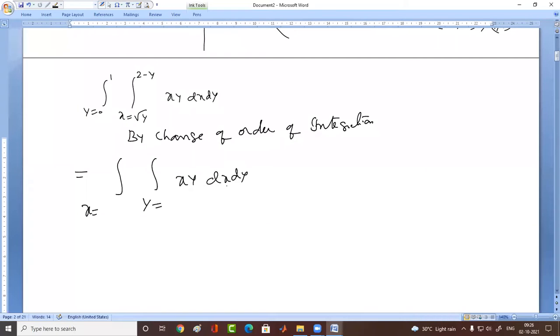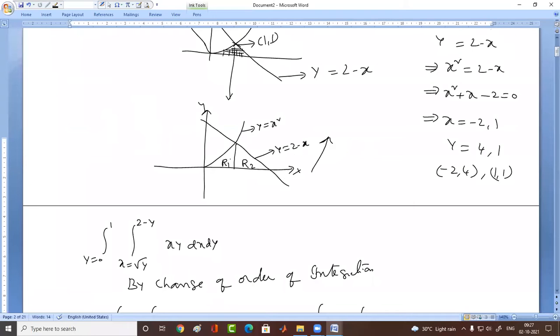So what about the y limits over the region R1, and the same procedure over the region R2. Two different regions, that's why this problem is most important from the examination point of view. We divided the total region R into two different parts, R1 and R2.